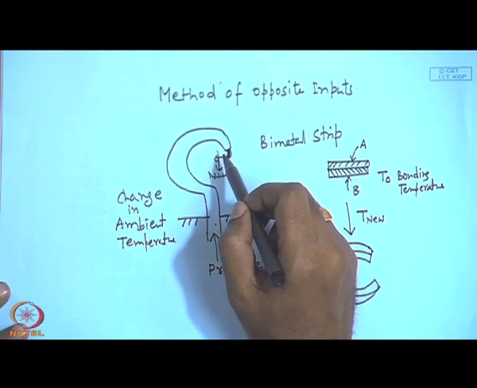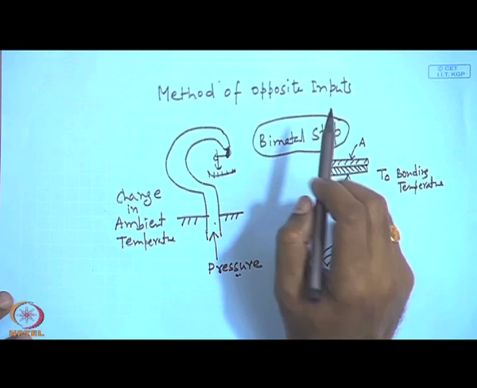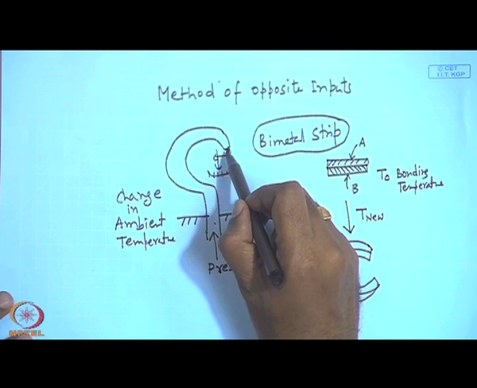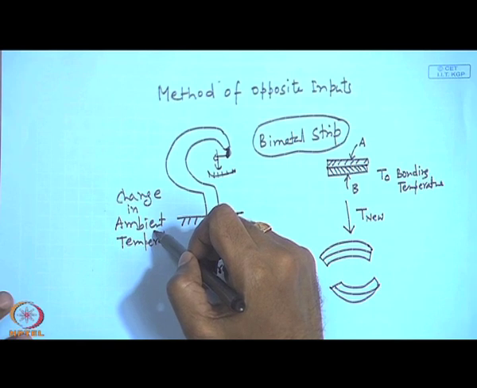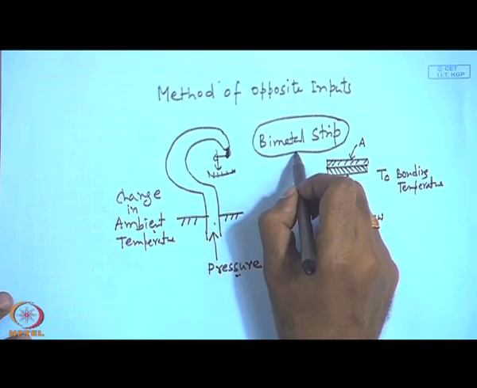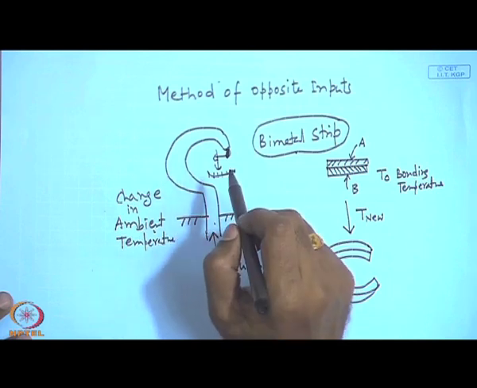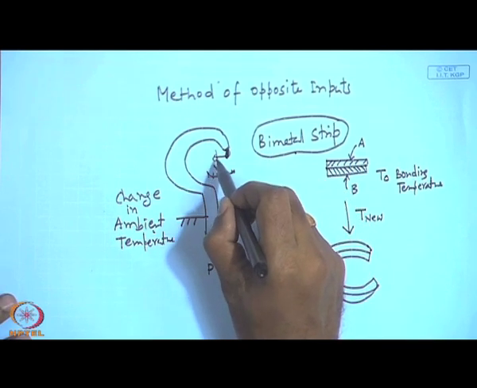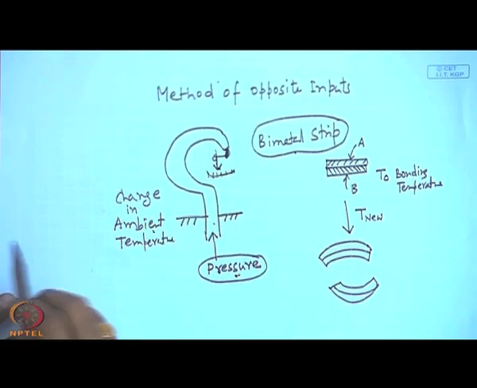So, now come back to the Bourdon tube example. If I can suitably design a bimetal strip such that the extra deflection that is caused in the Bourdon tube by the change in ambient temperature and the deflection of the bimetal strip due to change in ambient temperature are the same in magnitude, but opposite in direction, then this deflection of the pointer against this scale will be solely a function of this pressure.